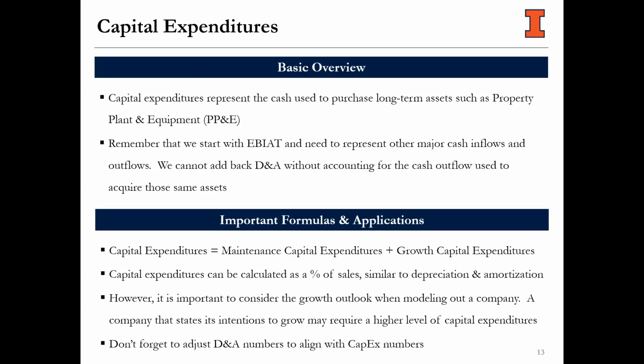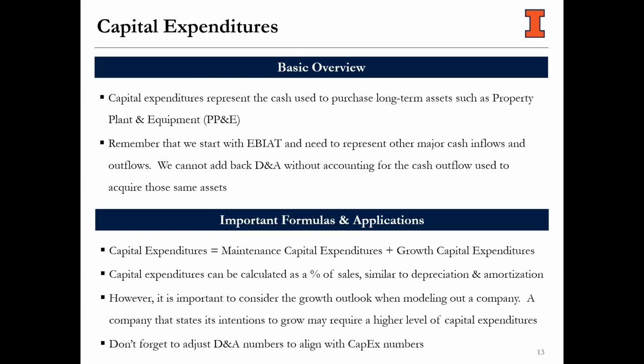Getting deeper into capital expenditures, you have maintenance capital expenditures, and you also have growth capital expenditures. Oftentimes this isn't broken down for you when you're looking at a large company's 10-K. They're not going to say, this is how much went towards maintenance, and this is how much went to growth. However, it may be broken down, and it's a very interesting thing to note.